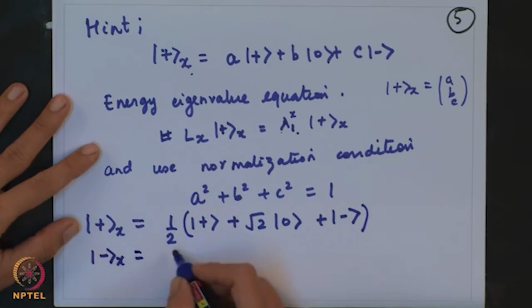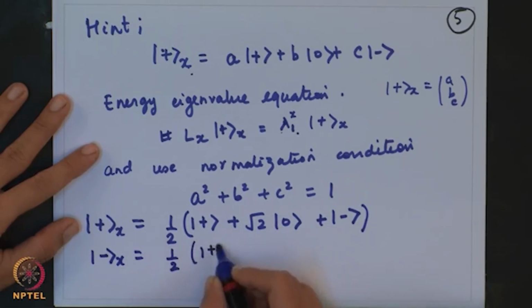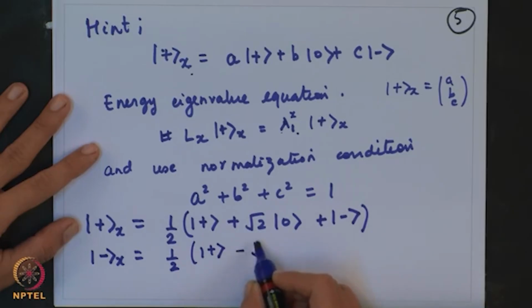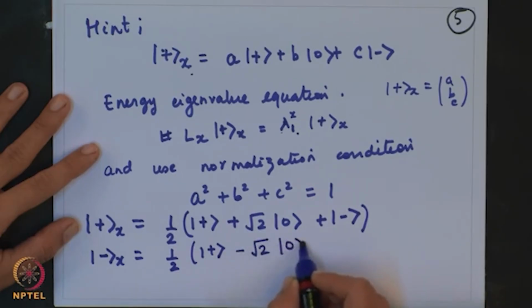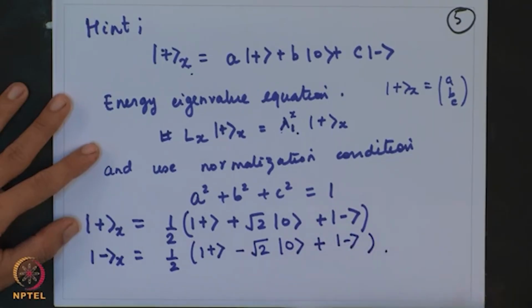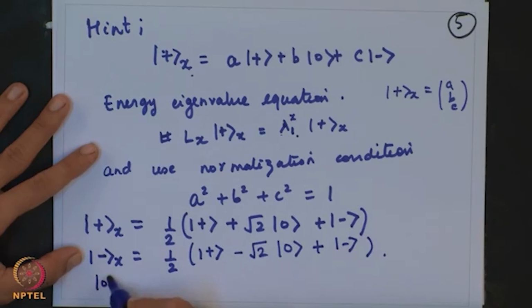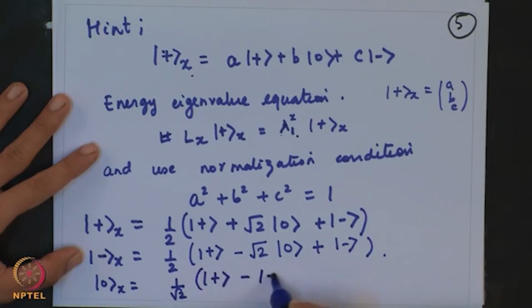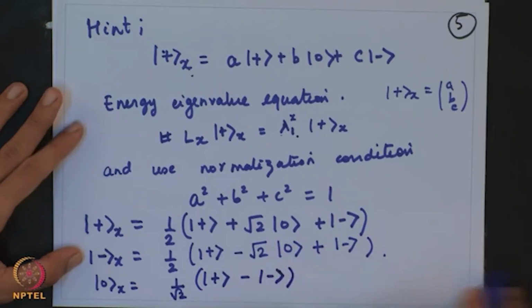The next gives half of ket plus minus square root of 2 ket 0 plus ket minus, and the third one is 1 by root 2 ket plus minus ket minus.